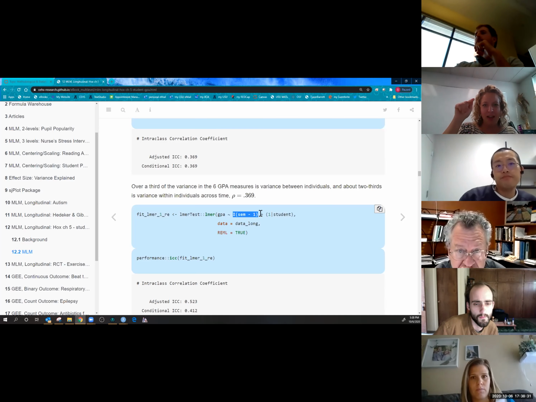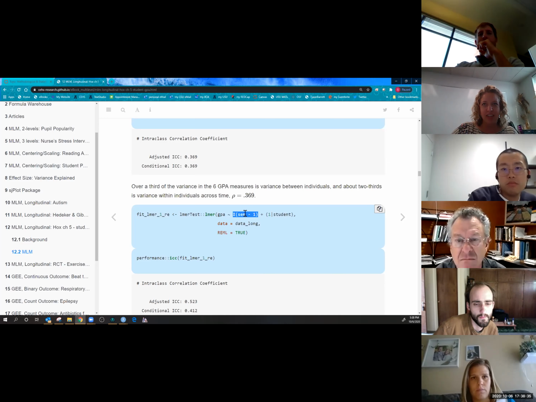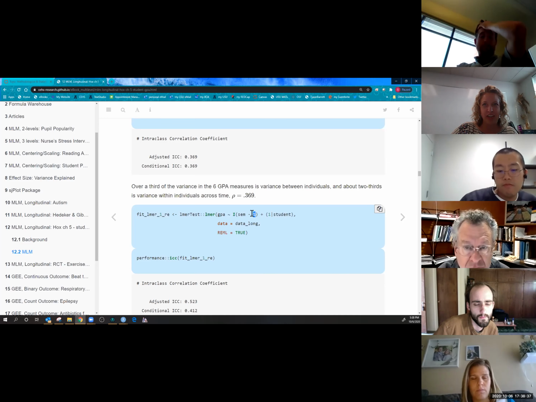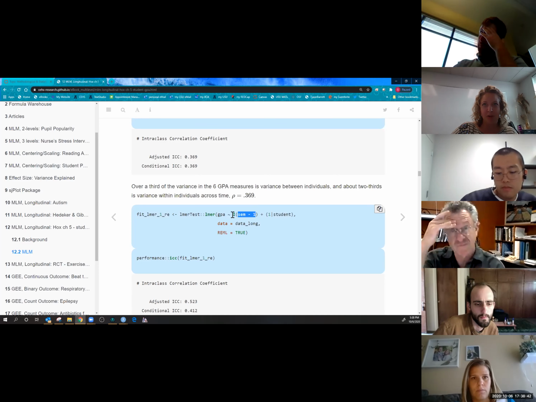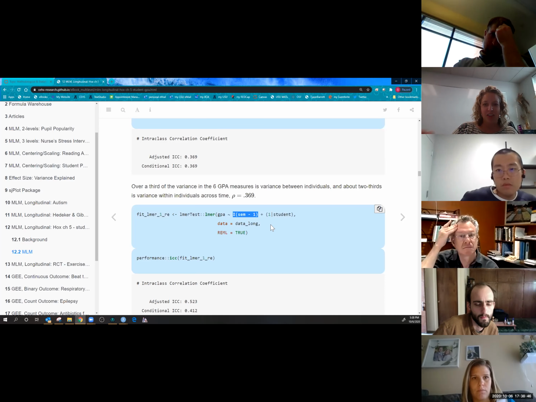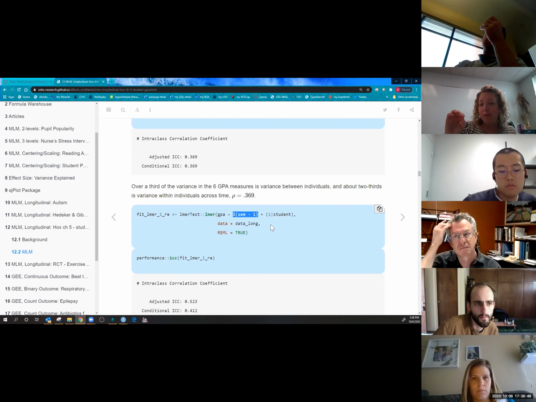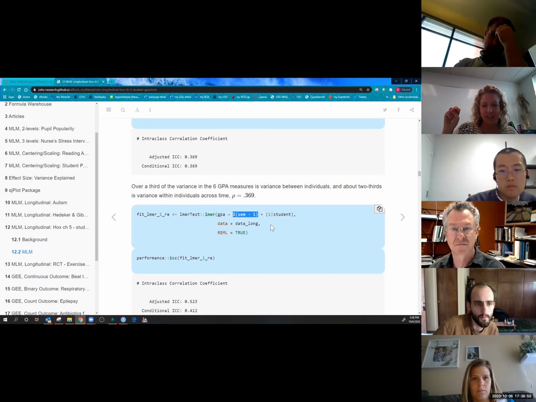And that capital I means to internally do that in the model. So when it's fitting the model, it's taking semester and centering it at the first time point. Subtracting 1 from the semester number makes 0 be the first semester. Now, this is putting time as a fixed or random variable.